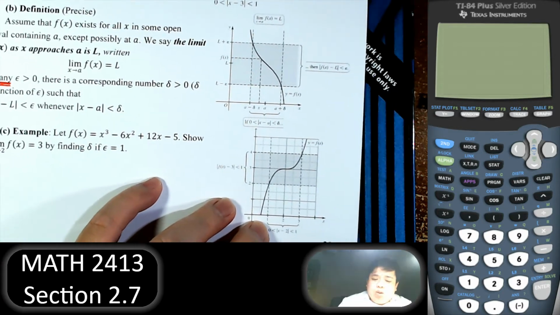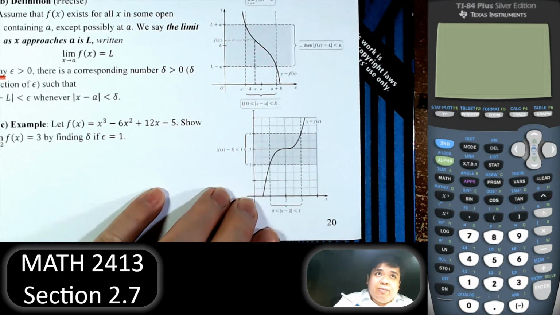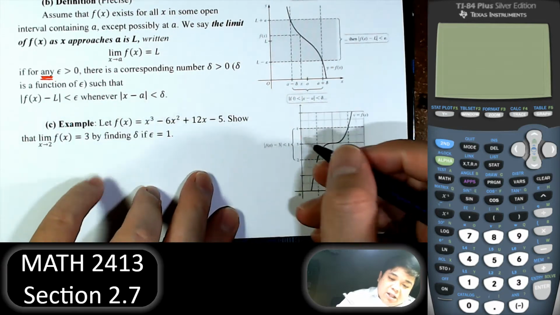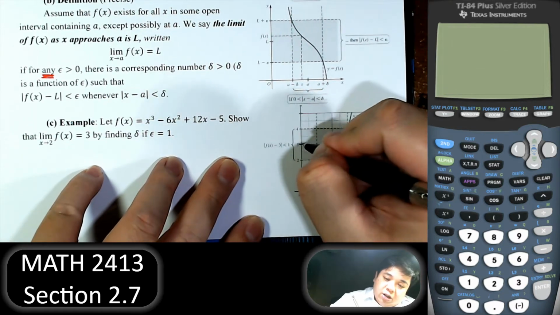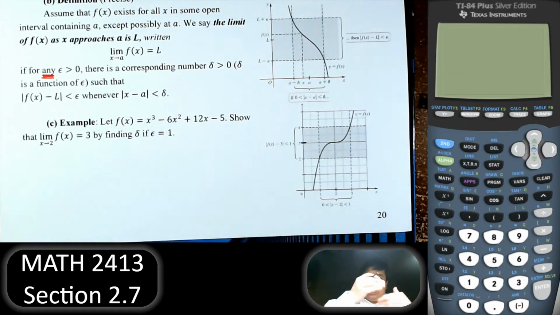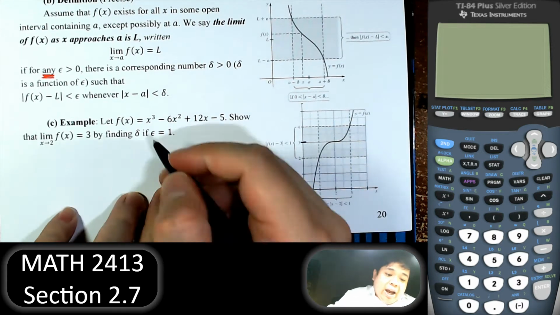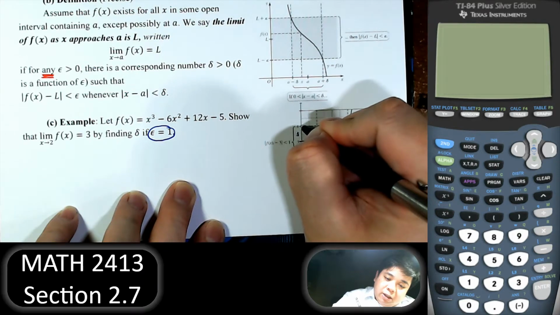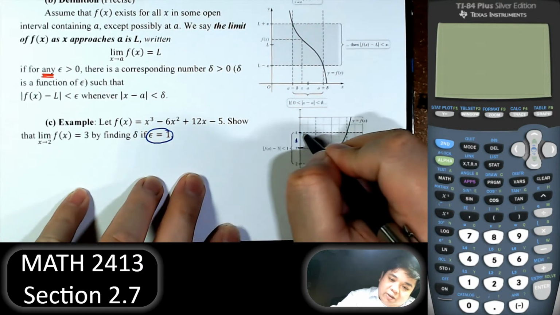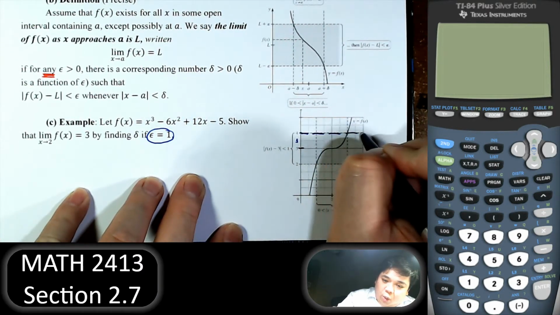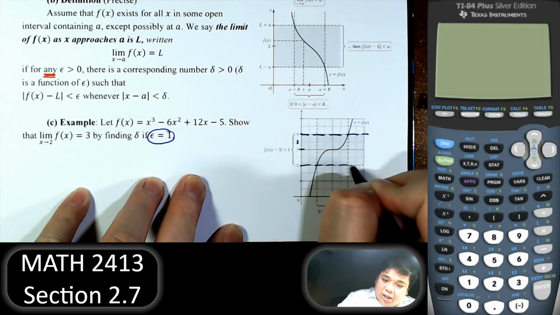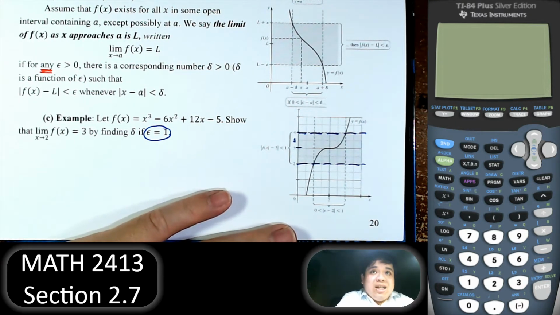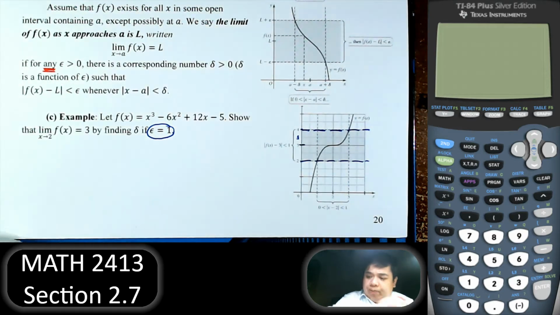So, in this case, we draw the graph. The limit is equal to 3. So, we know the function, from 3, can go something up and something down. And epsilon equal to 1 means that we can go 1 up and 1 down. So the y values will be between this. In that case, we have to choose the corresponding x values to guarantee that the y values are within this.